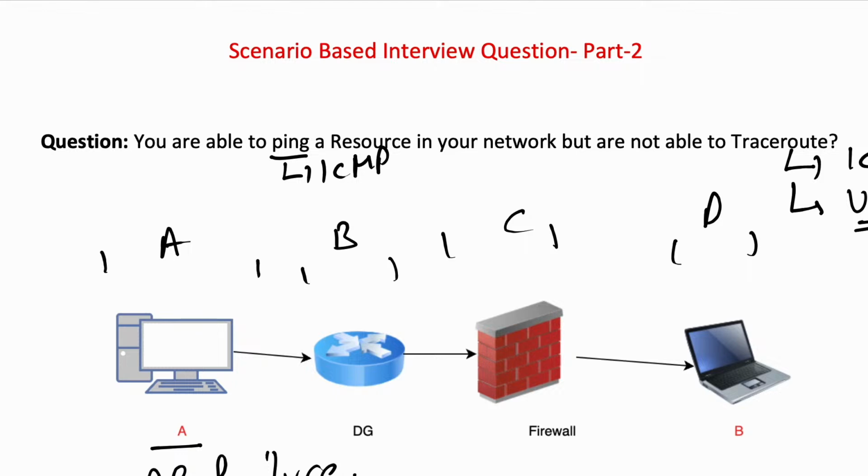B could have an ACL which could be dropping packets. The ACL could include application or direct ACLs, where ping is allowed but traceroute is disabled.